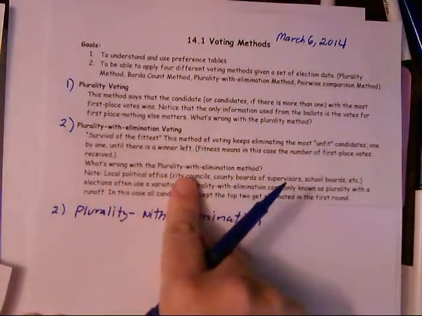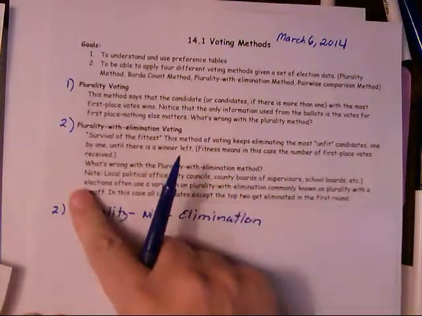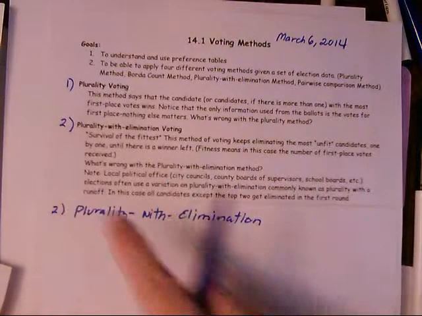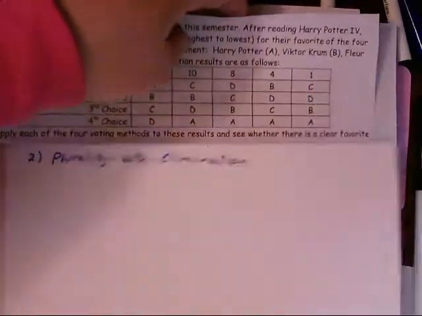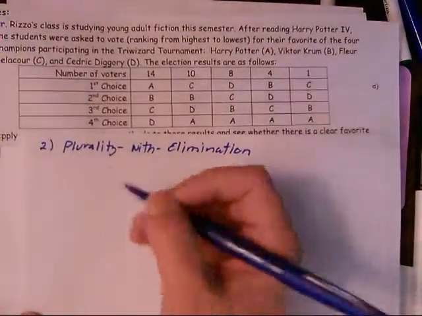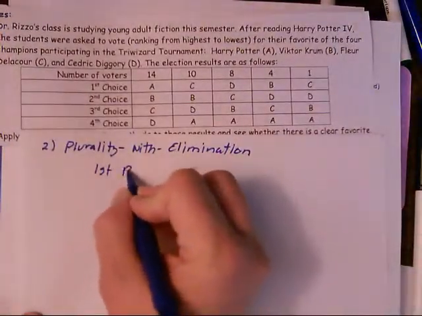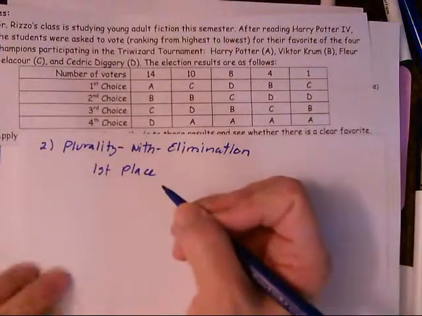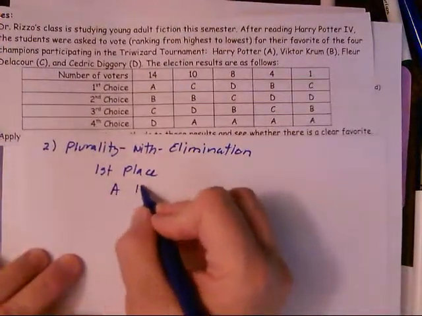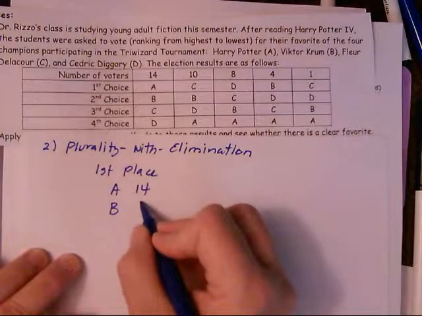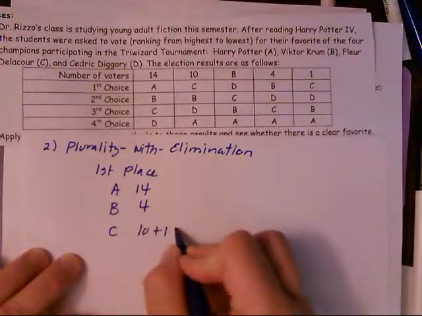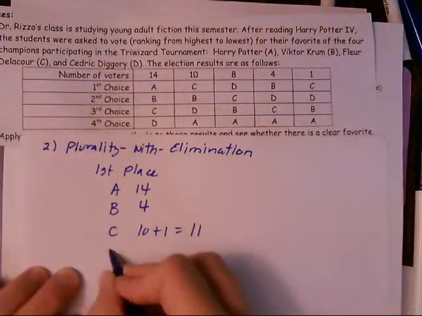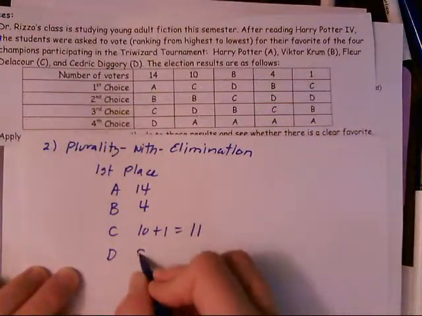What's wrong with a plurality with elimination method? Okay, let's look at this method and determine the votes here. Now, as we did in part 1, we calculated the first place votes. And we came up with 14 for A, 4 for B, 10 plus 1 giving us a total of 11 for C, and D received 8 votes.